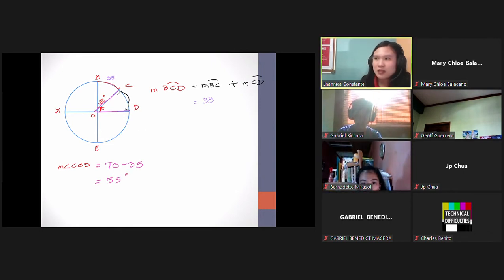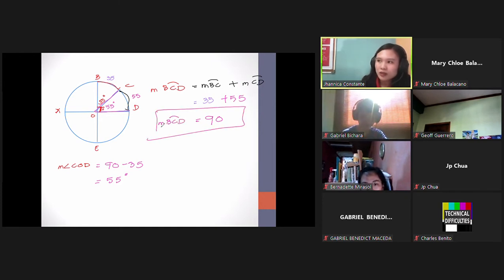So that means the measurement of angle COD is 55 degrees. So if angle COD is 55 degrees, arc CD has a measurement of 55. So 35 plus 55 is equal to 90. So measurement of arc BCD is equal to 90.